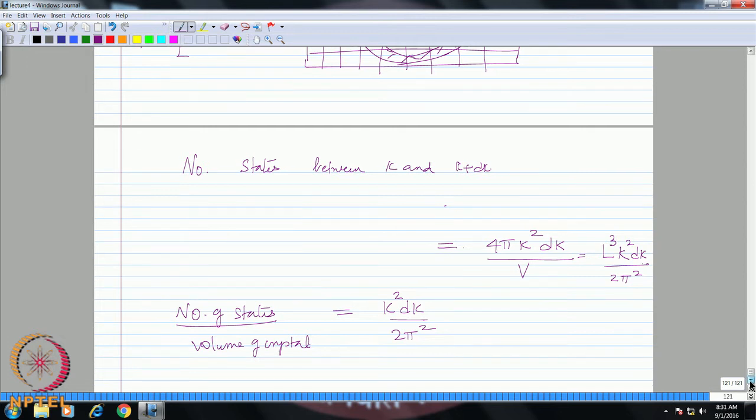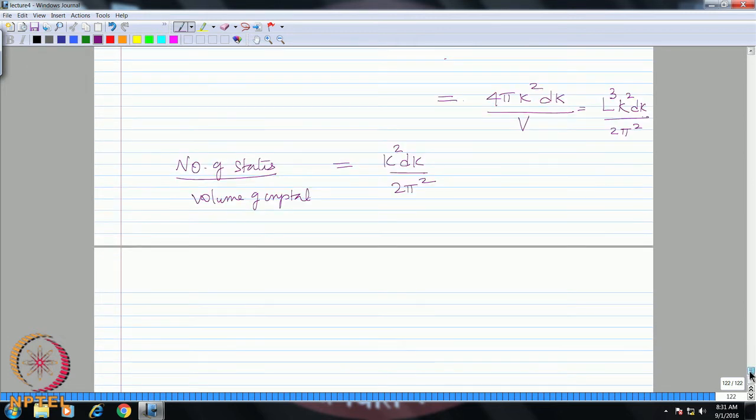From this we will define, now you already see that this is some kind of a number density, we are coming to the density of states. Therefore, the density of states as a function of the energy, okay, is defined as basically the number of states or number density of states per unit differential energy.